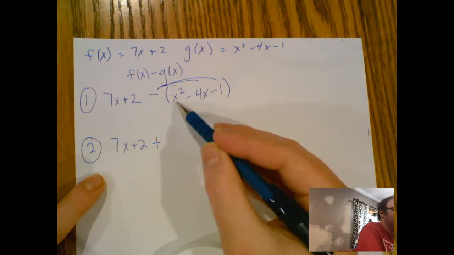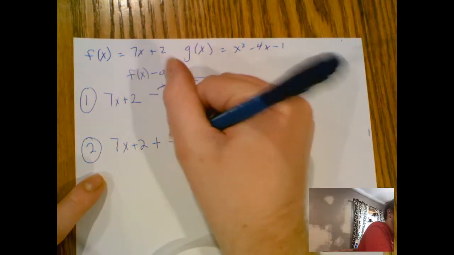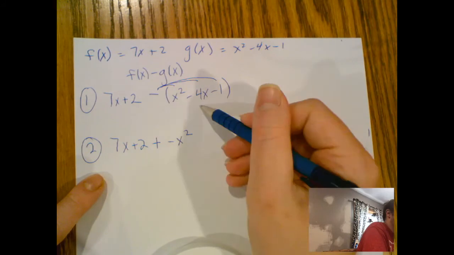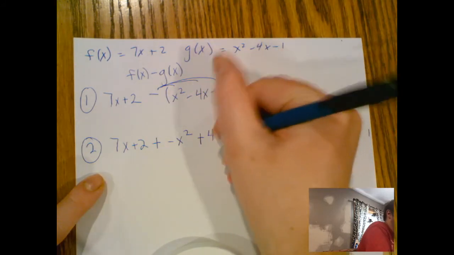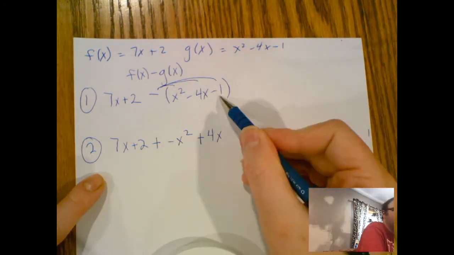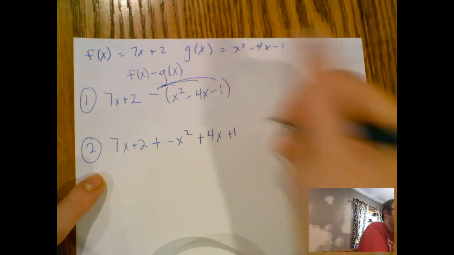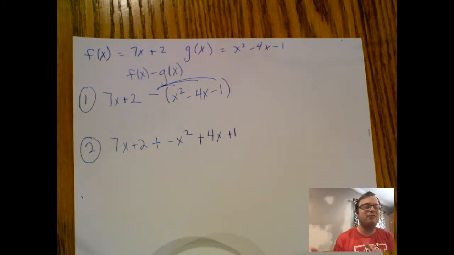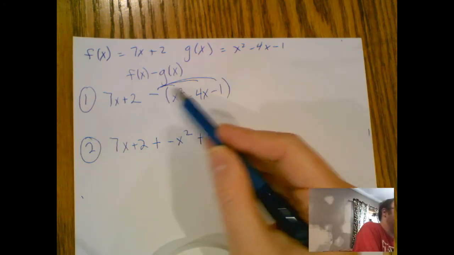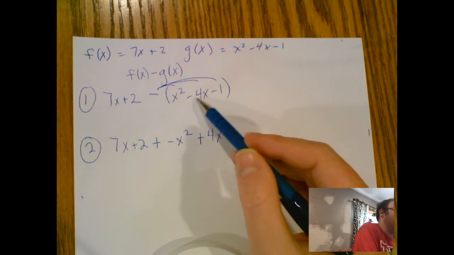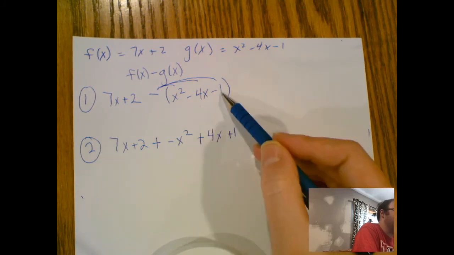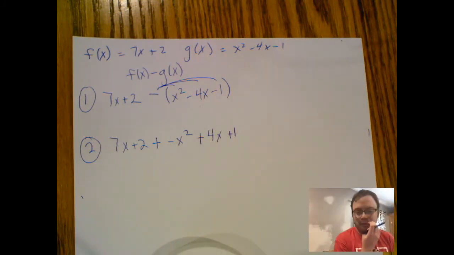But a negative times x squared is negative x squared. A negative times negative 4, that's positive 4x. And a negative times negative 1, that is positive 1. So we're distributing, taking everything pretty much in the reverse sign that it is right now, and we're distributing the negative to it to do so. So negative 4x changes to positive 4x, negative 1 changes to positive 1.